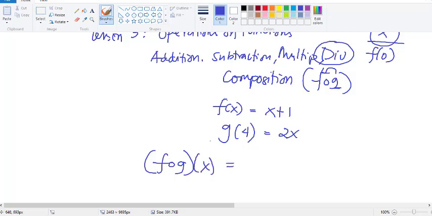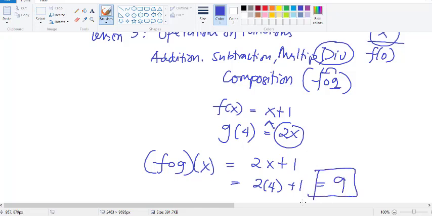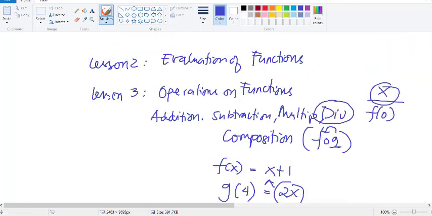It will be like this, no? So i-substitute mo pa rin ito dito. But remember that the x of the g function of x is 4. So you just have to substitute that again. And the final answer would be 2 times 4, 8, plus 1, 9. Okay, simple as that. So anyway, that is module 1.